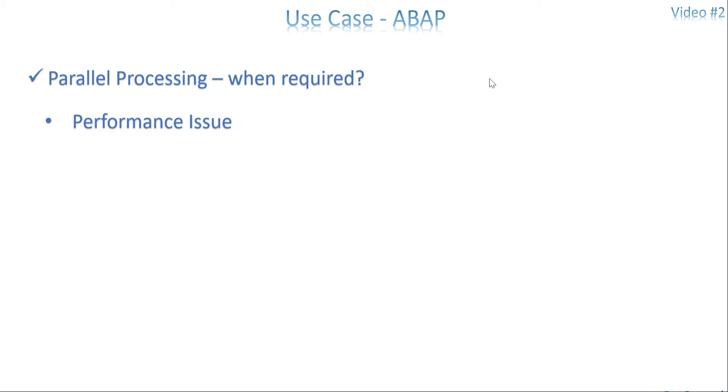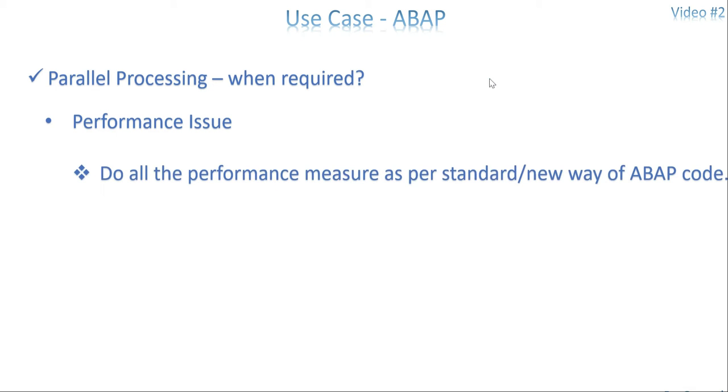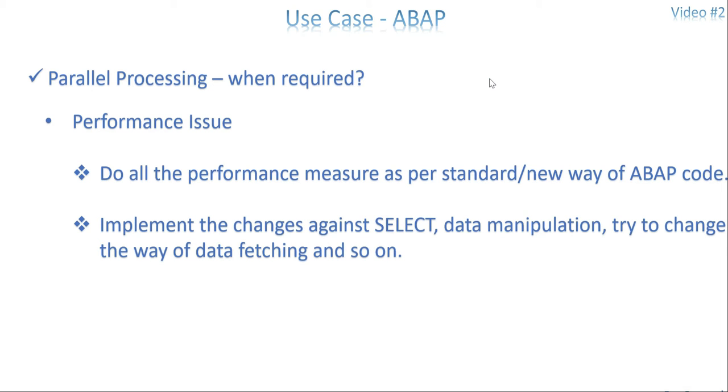We try standard performance measures: analyze the program, improve the selects and loops, delete unwanted code, and change the design of the program. Instead of fetching from more than two tables, we change how we fetch, and since different views are available, we try new technologies like new syntaxes.